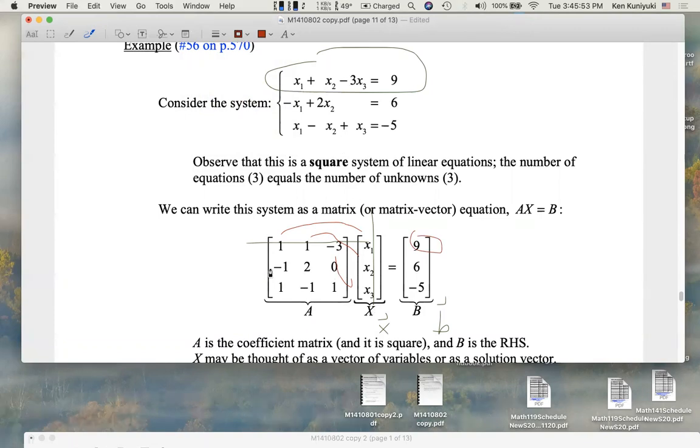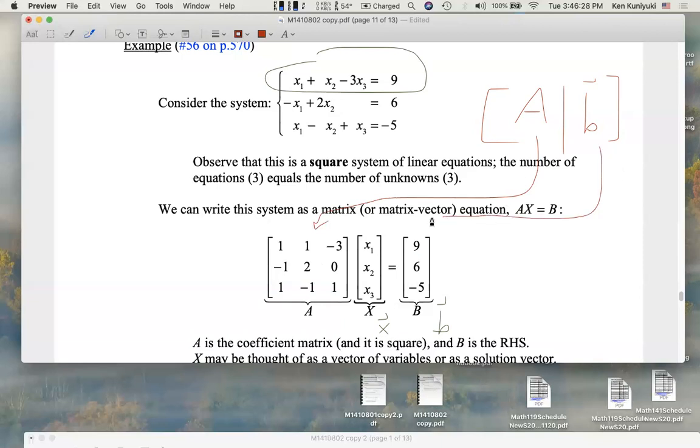From the second row, and these variables equals 6, we get that. Over here, x1 minus x2 plus x3 equals negative 5. So this is really convenient. It works out. And this is, incidentally, the coefficient matrix. If you had done the augmented matrix, A slash B, coefficient matrix goes here, right-hand side goes here.